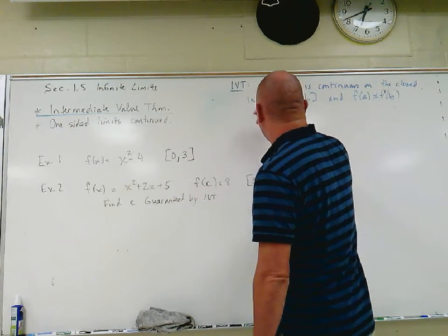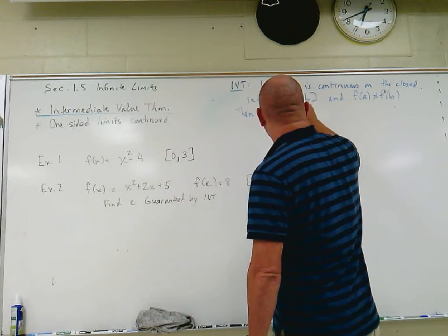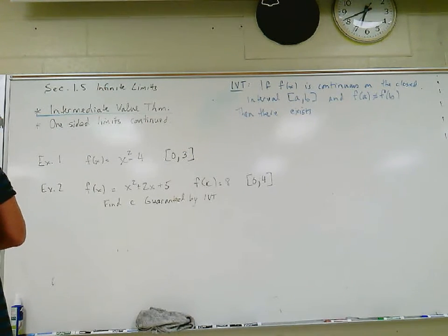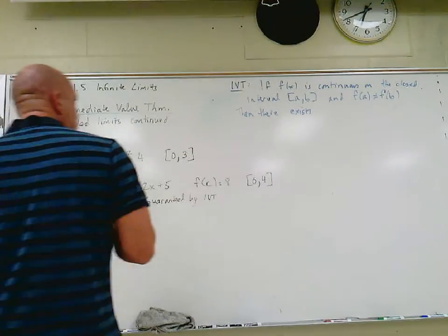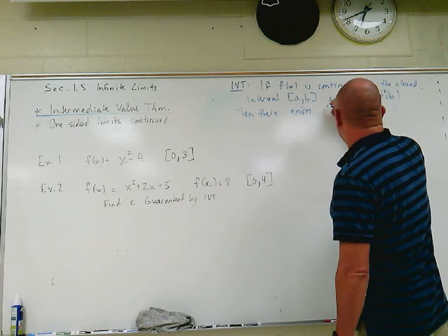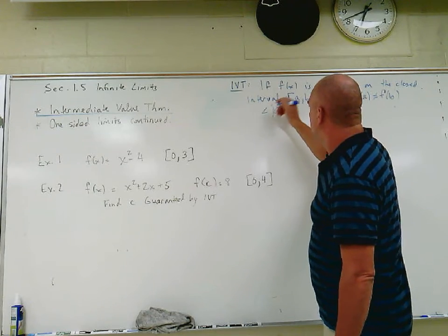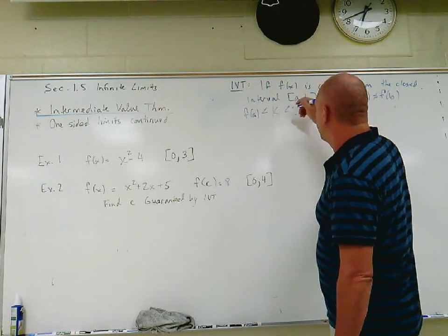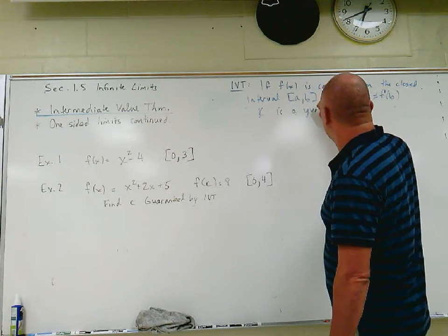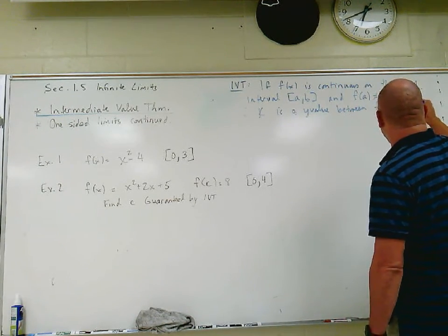Then this is where it gets a little crazy. Then there exists, make sure I get this right. And let me just say this: K is a y value between f of a and f of b.